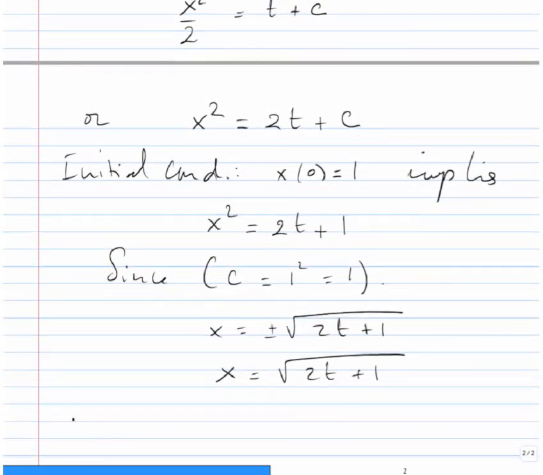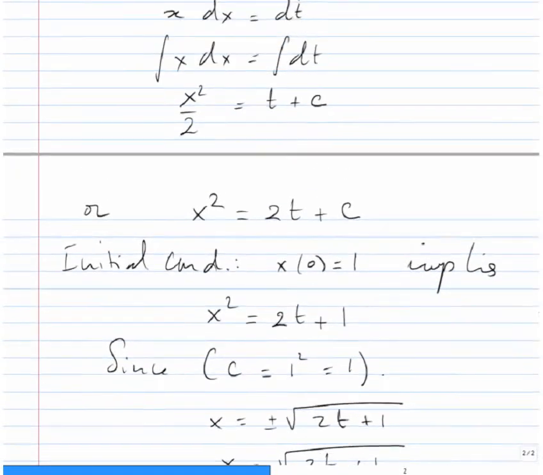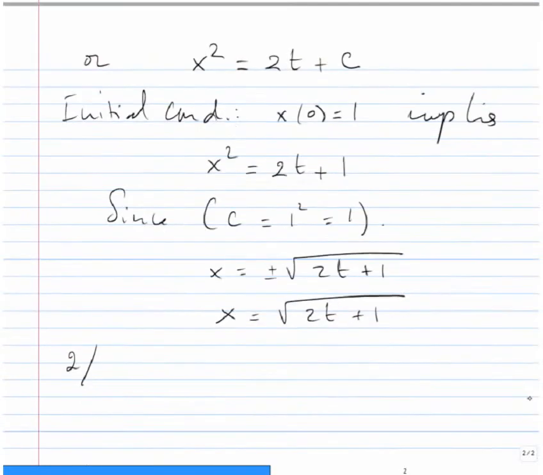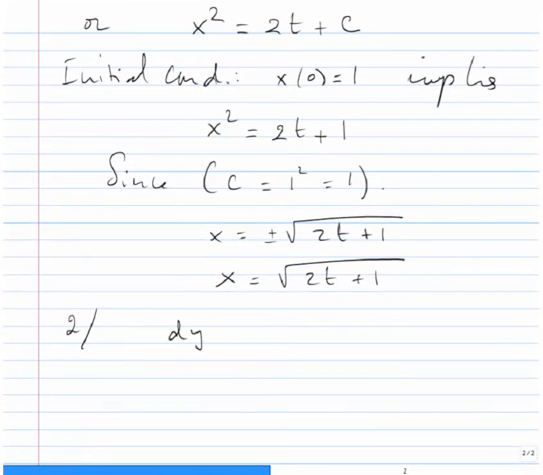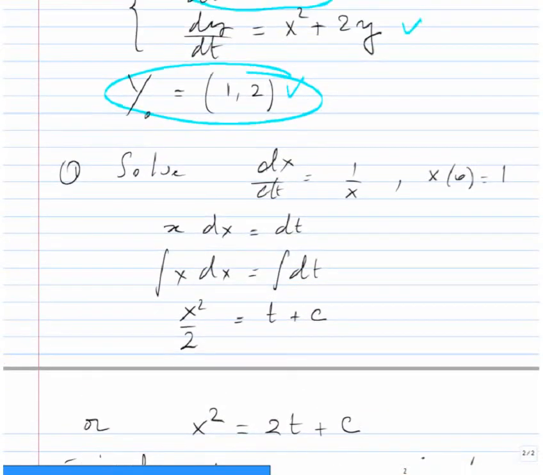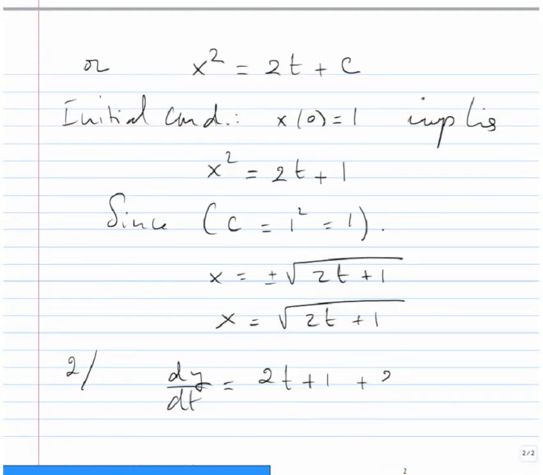Then we go to the second equation, because now we know x: dy/dt equals x squared plus 2y, to get dy/dt equals x squared plus 2y, and y(0) is equal to 2.